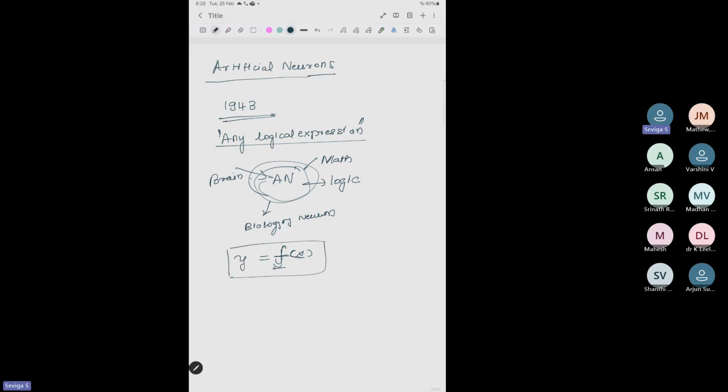This function can be anything, the input can be anything, and the output can be anything. So this mathematical function can be expressed in the form of neural networks. This function can be any mathematical operation which can be applied on the input and we will get an output.